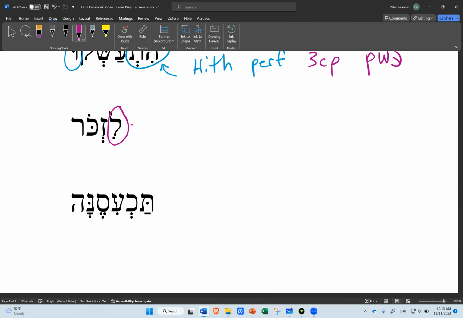And remember my rule: anytime there's a lamed at the beginning, it's an infinitive construct. So Qal infinitive construct, and you say, well, how do I know it's a Qal? Well, we haven't learned any other infinitive constructs, so there you go. The same principle applies, but it's going to be a Qal infinitive construct if you see one.